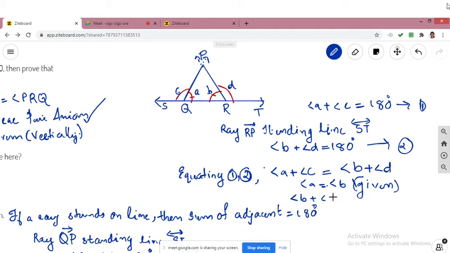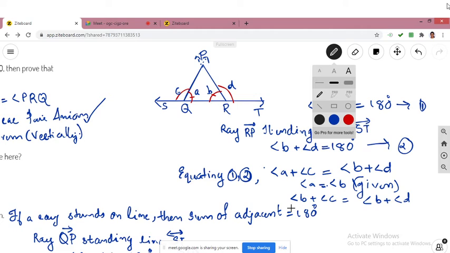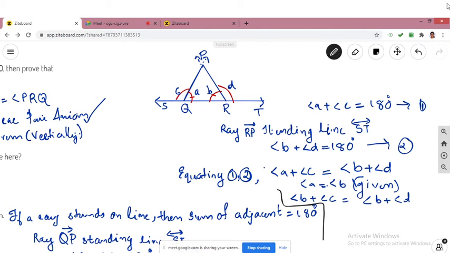Angle B plus angle C is equal to angle B plus angle D. Okay, let me use another pen. So I can cancel angle B from both sides.